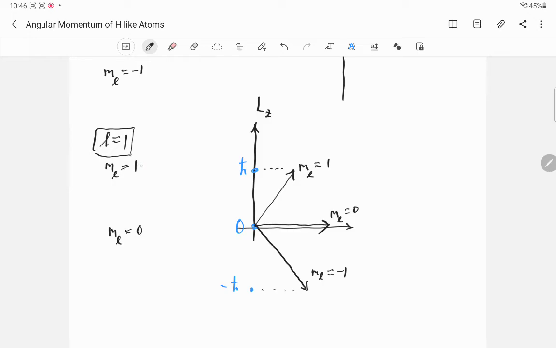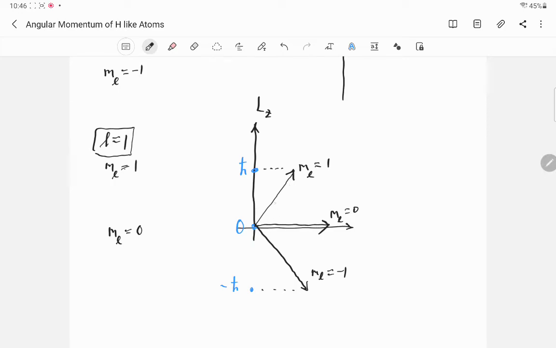Those are the only things that you'll see as the outcome of experiments where the experiment depends on the value of the angular momentum. And that's the sense in which the space is quantized. You only get these particular angles.